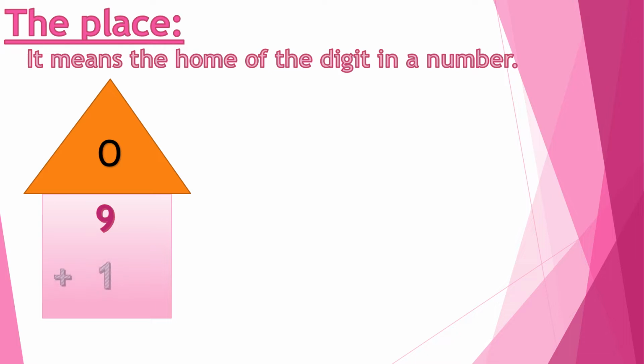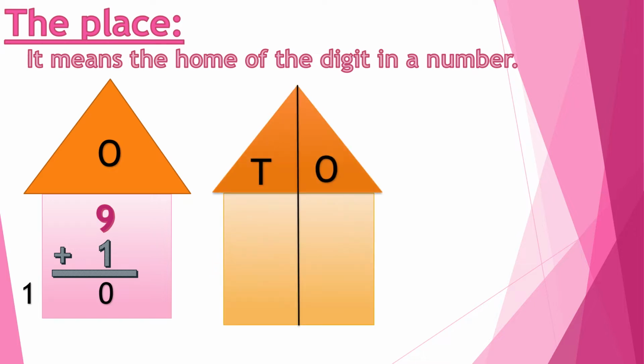When we added 1, it became 10. 10 is 2 digits, so this home is very small, so we build a new home that has 2 rooms. The first room is ones and the second room is tens. The greatest number I can put inside it is 99.